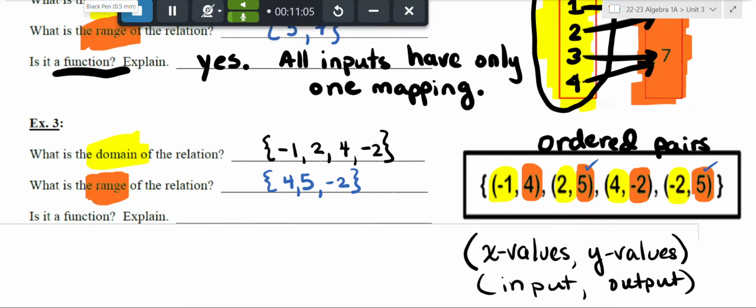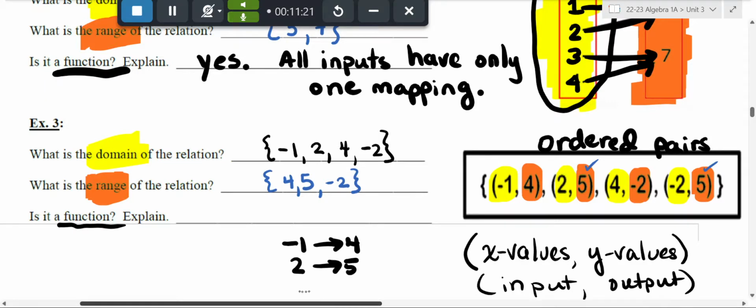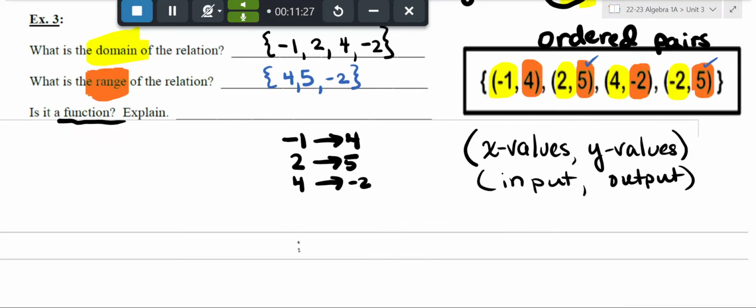Now the question was, is this a function? Well, let's check. We have -1 and it's mapped to 4. We have 2 and it's mapped to 5. So far only one mapping. 4 is mapped to -2. And -2 is mapped to 5.